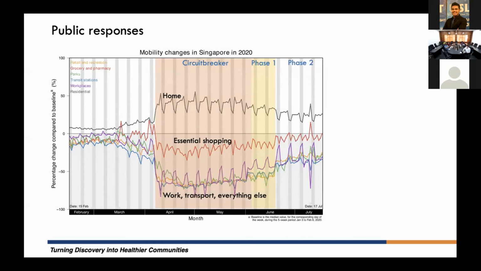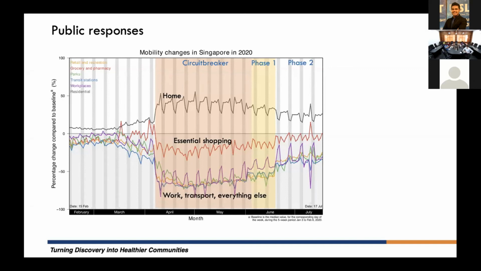One of the great things about having this kind of mobility data is that it gives a more immediate way of assessing what the impact of that policy is. If you look at the beginning of the circuit breaker period, the government had insisted that people stay at home, for example. So only essential workers like modelers were allowed to keep on going to work.